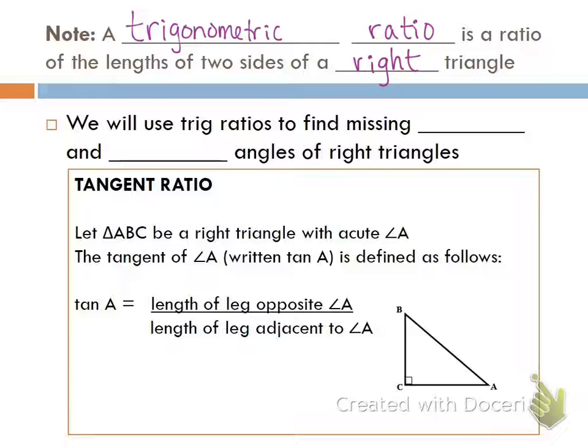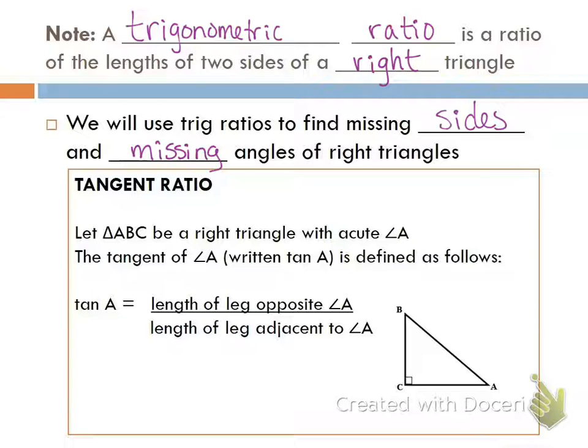We will use trig ratios to find missing sides and missing angles of right triangles. So today we are only dealing with one trig ratio, which is tangent.